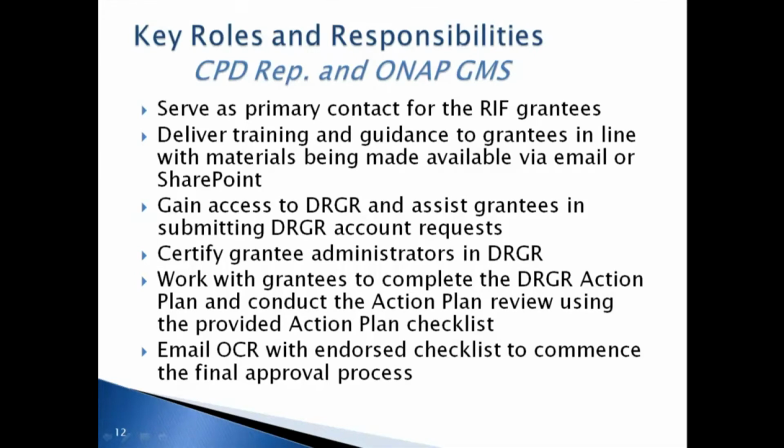Field office staff is responsible for certifying and recertifying grantee administrators and must work with grantees by helping them complete their action plans. GMSs and CPD reps are also responsible for the initial action plan review and must complete the action plan review checklist before submitting it to OCR. The checklist is available on HUD's SharePoint site, and the direct link is provided to the field staff.